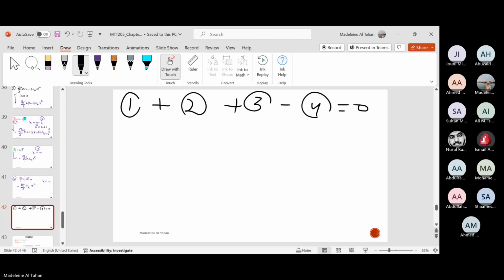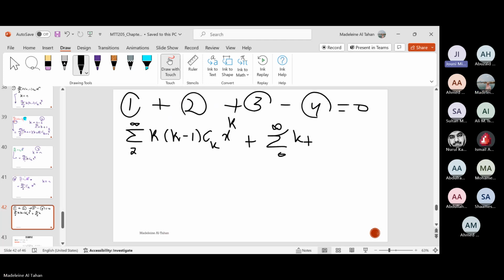What's series number 1? Sum from 2 to infinity of K times (K minus 1) CK XK. Okay. Series 2? Sum from 0 to infinity of (K plus 2) times (K plus 1) C(K plus 2) XK.